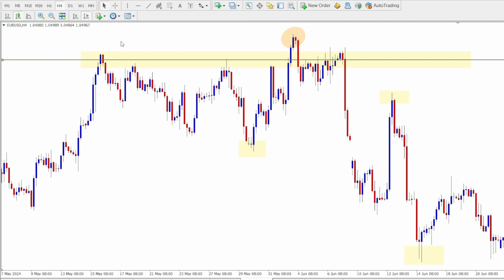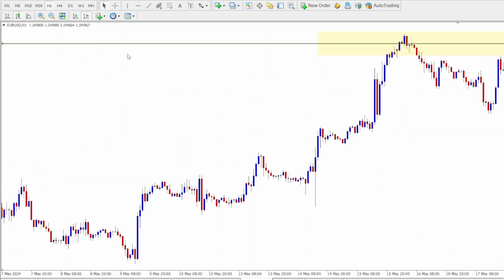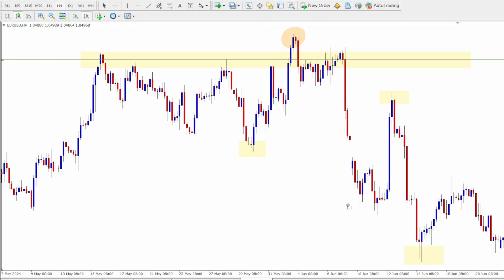Swing highs and swing lows are areas where liquidity builds up. These levels act as liquidity magnets.